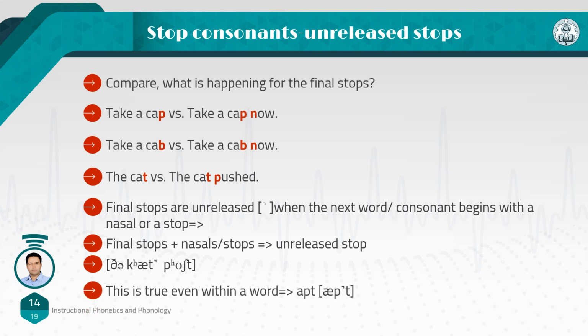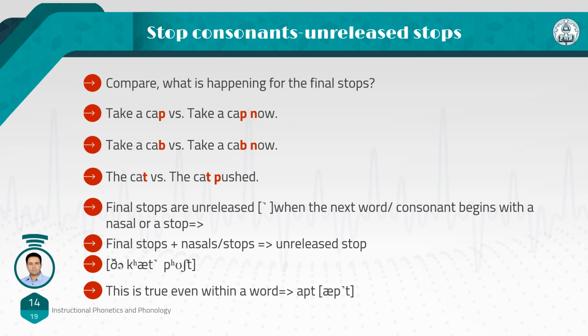This is true even within a word. Like for example, apt. We don't say apt. Here, because t is a stop and it comes after p, which is another stop, therefore p is unreleased. We say apt, not apt.